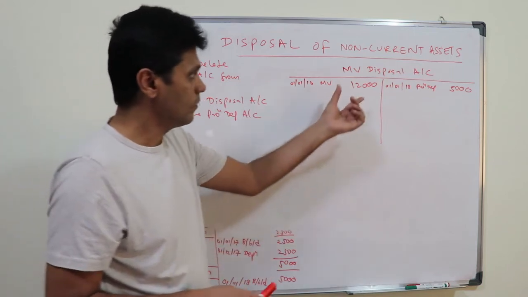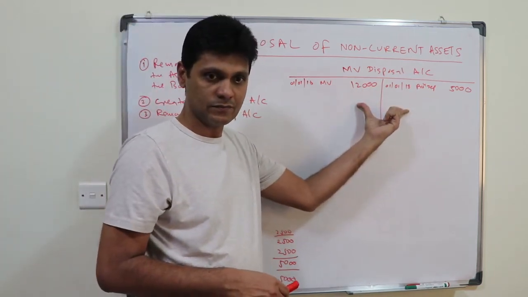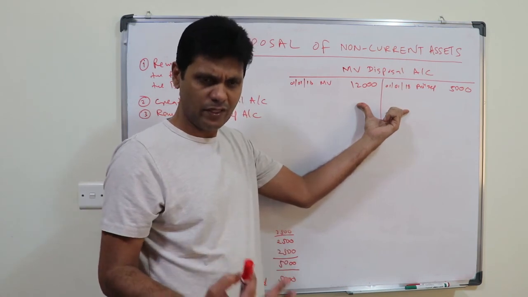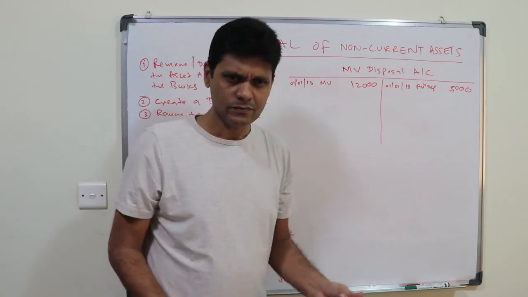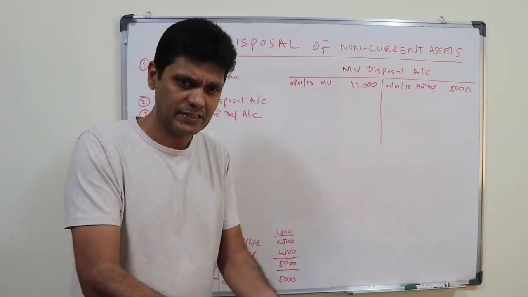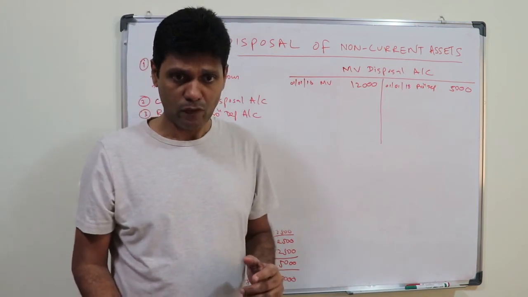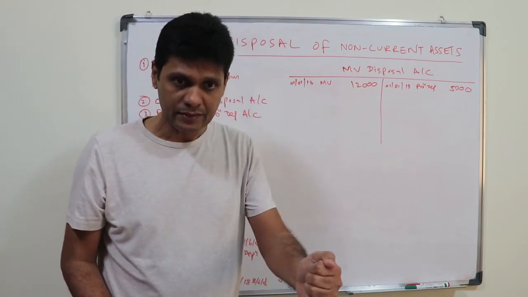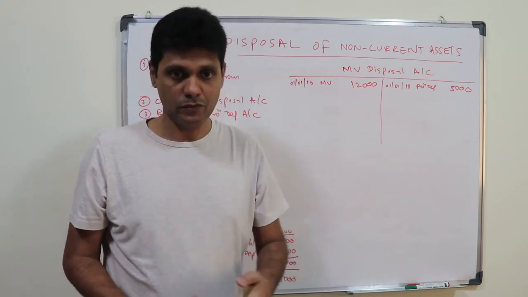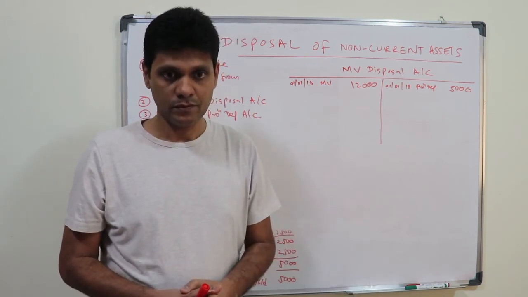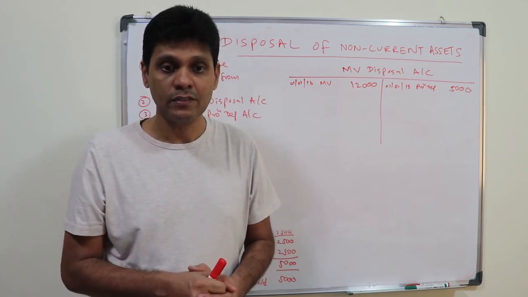Now what is this difference? 7,000. What is the 7,000? If you want to sell the asset on this particular date, you can get it in the market for 7,000. But how much has the asset been sold for?